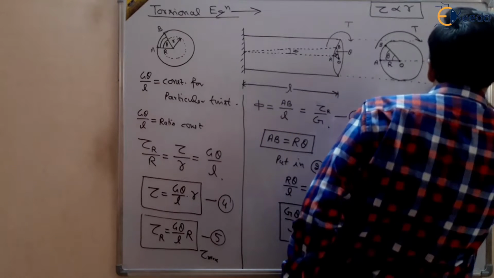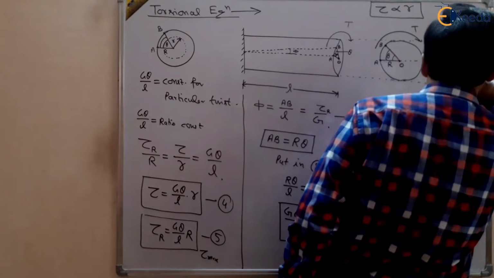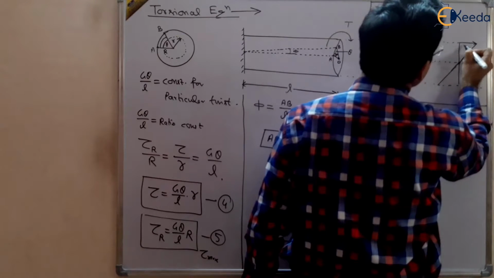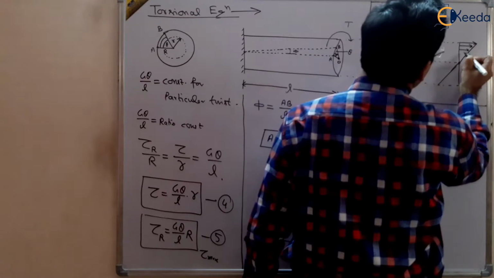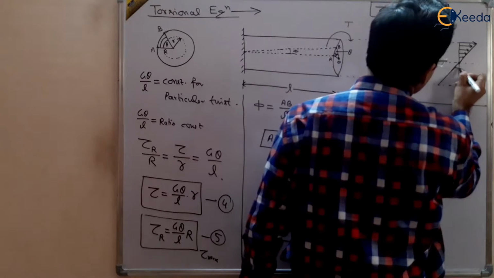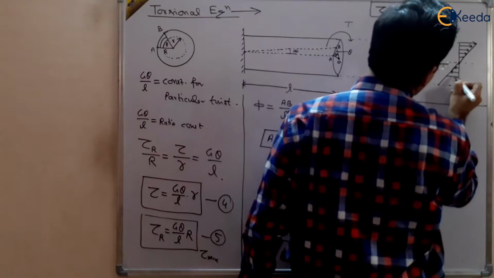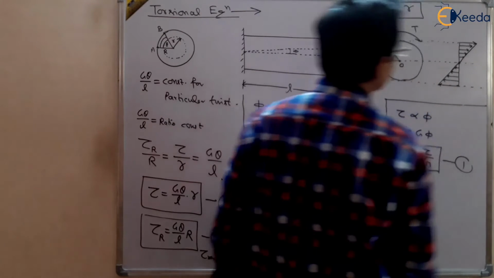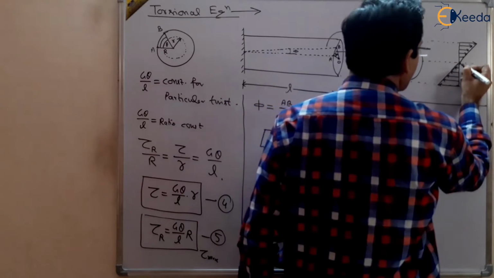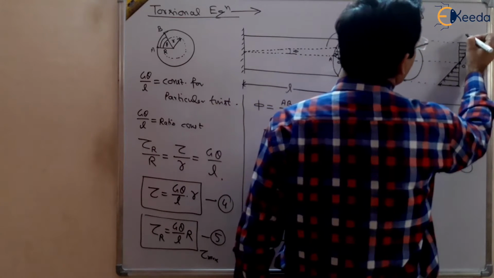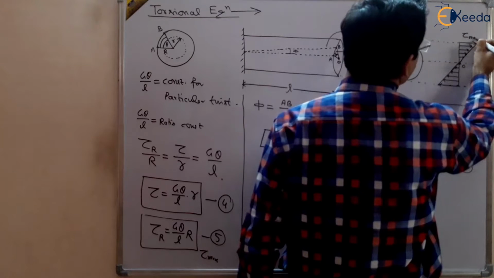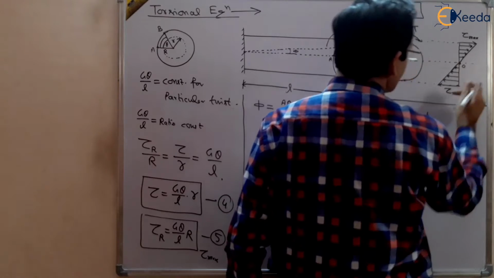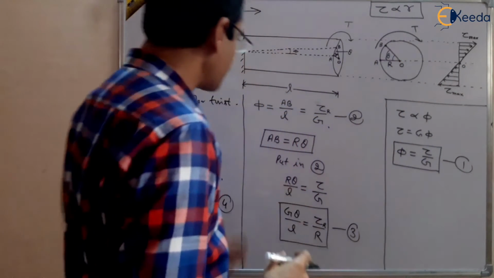So you will get this type of curve, the variation of shear stress. Shear stress will be 0 at the center, and it will be maximum, tau max, which is equal to tau r, tau at the capital R radius.